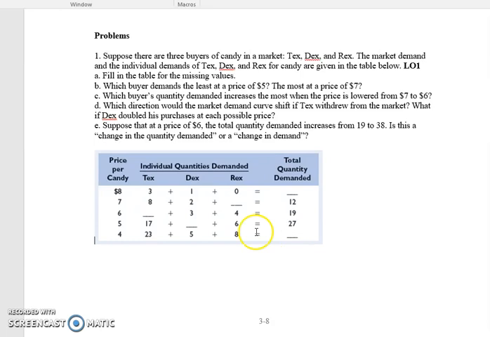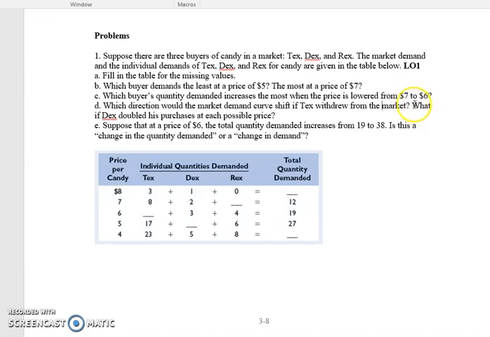For every price, in the right-hand side column, demand will be lower. So demand will decrease, and when demand decreases, the demand curve shifts to the left. If Tex leaves the city, demand will decrease, so the demand curve will shift to the left.